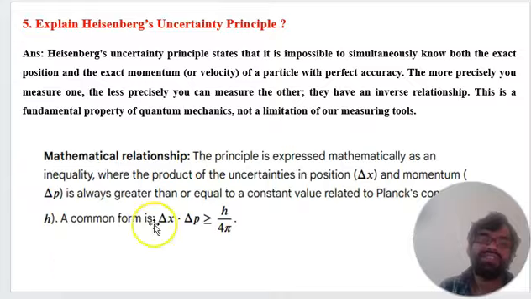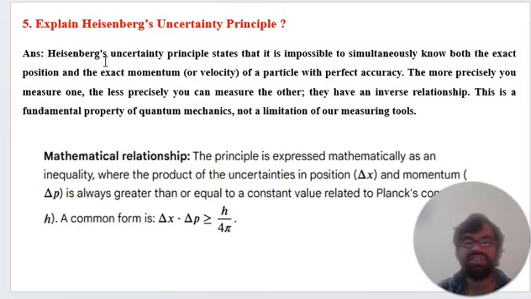Next, you can see the fifth question: explain the Heisenberg uncertainty principle. This is very important and it is a very repeated question in every exam. The main concept is that it is impossible to simultaneously know both the exact position and the exact momentum or velocity of a particle with perfect accuracy.